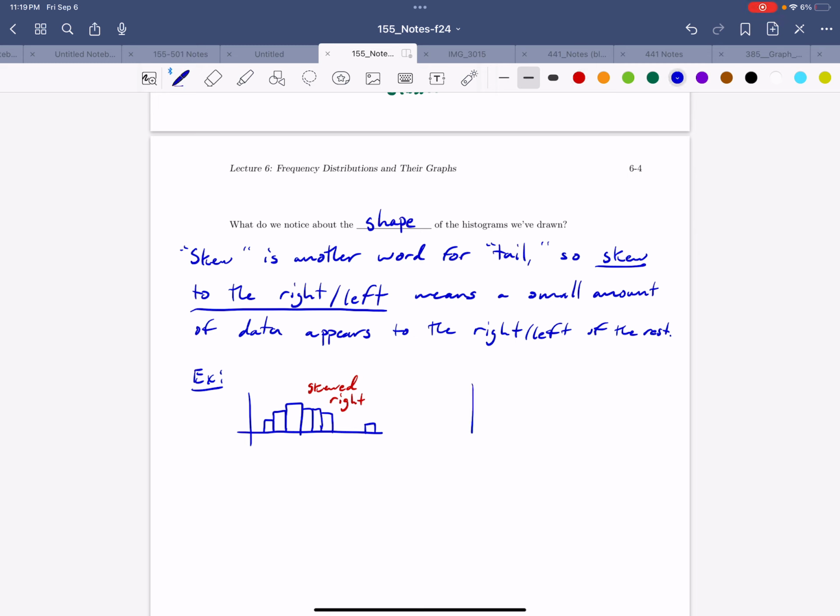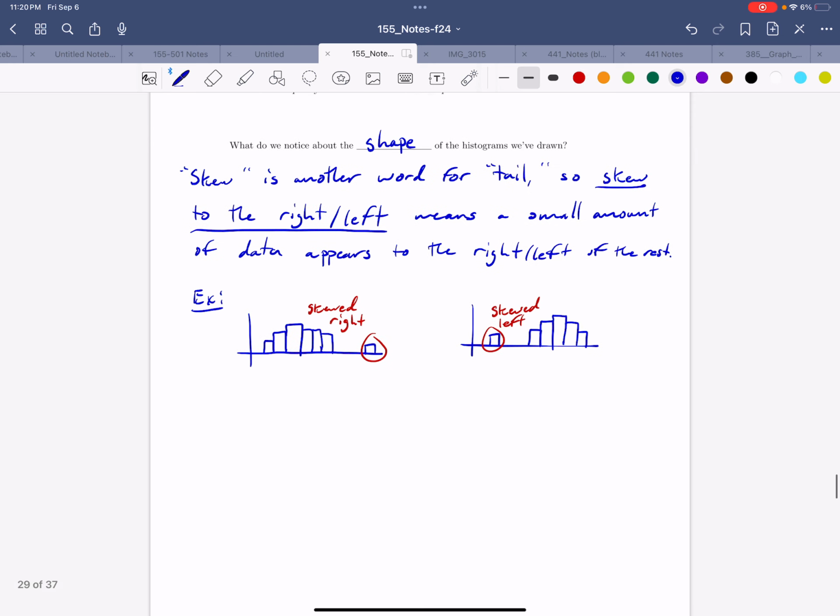And then, of course, left is the opposite. You have something like this, something we call an outlier, maybe something else like that. That's skewed left. Okay, so there's that.